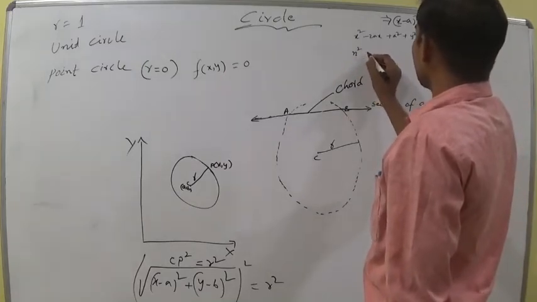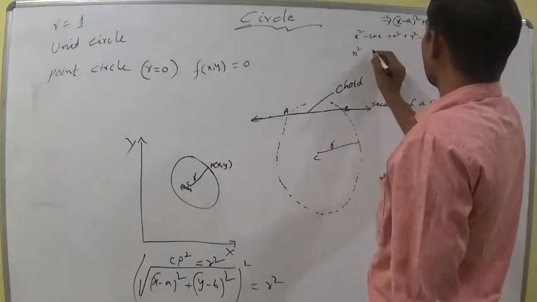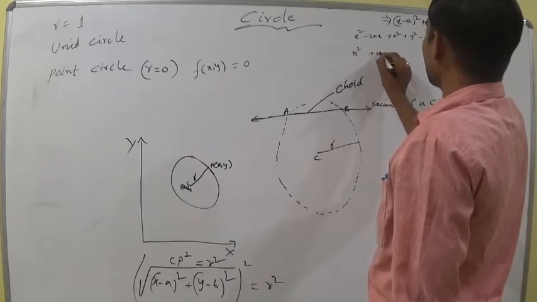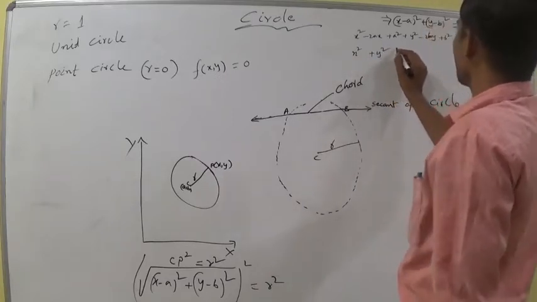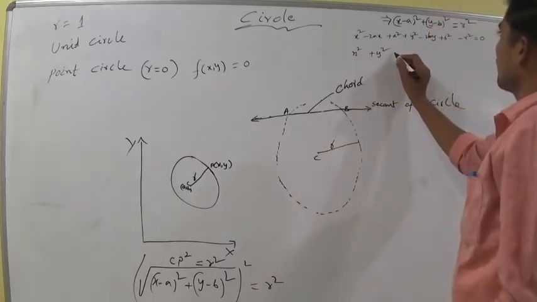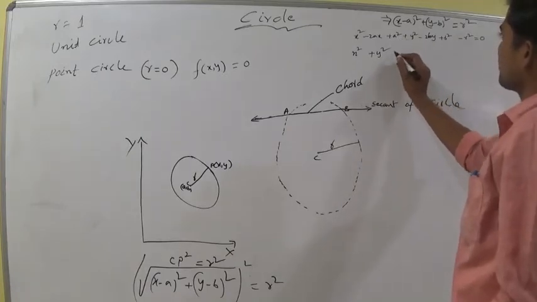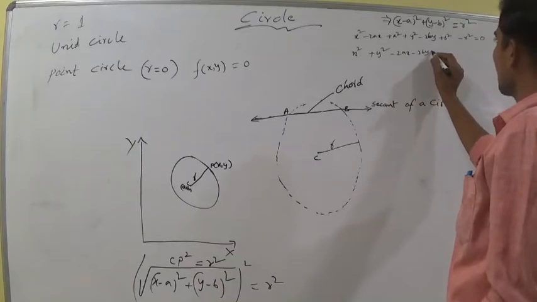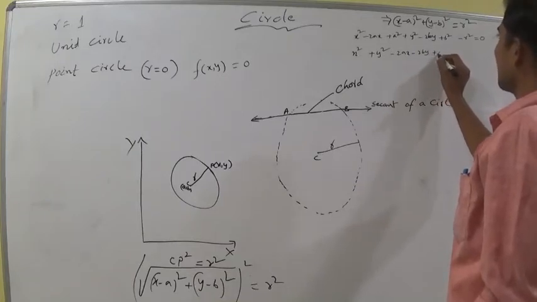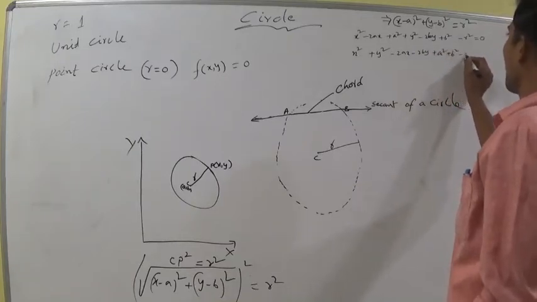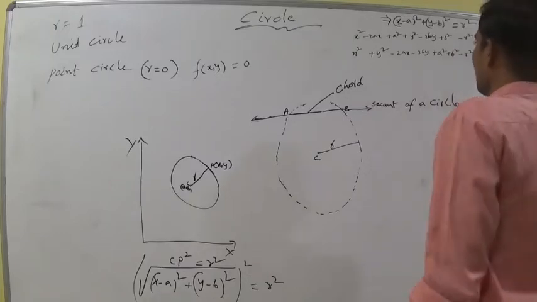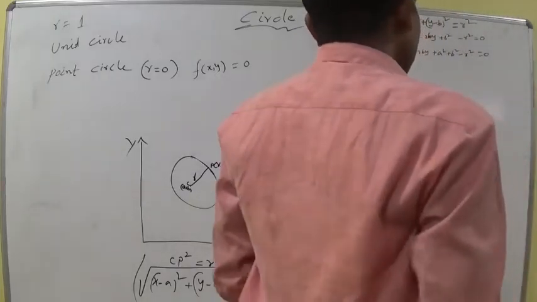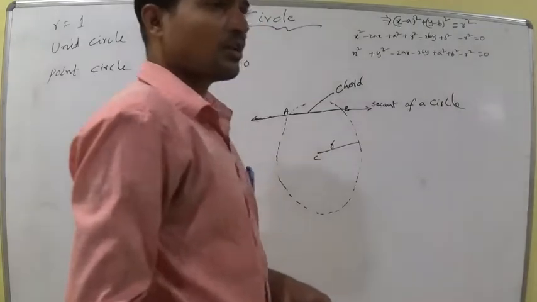So x square plus y square minus 2ax minus 2by plus a square plus b square minus R square is equal to 0. This is the equation of a circle.